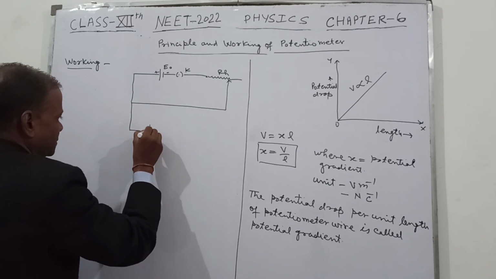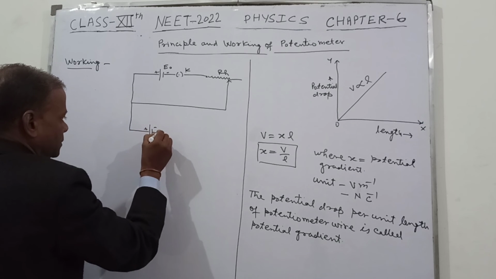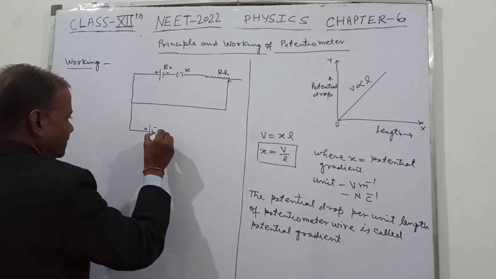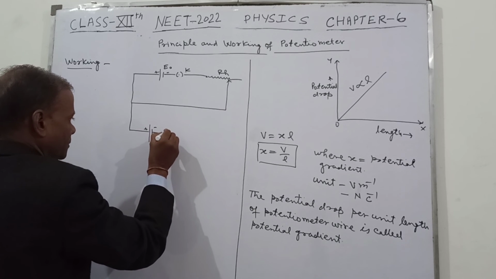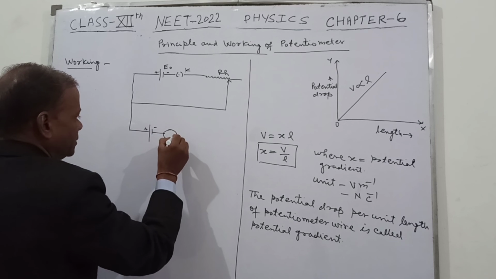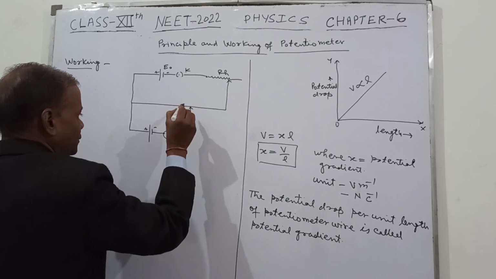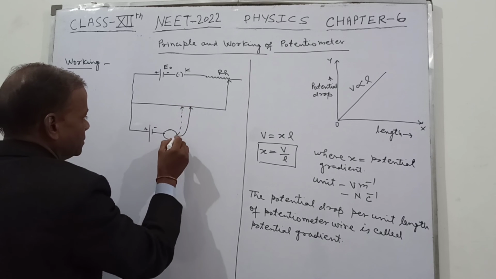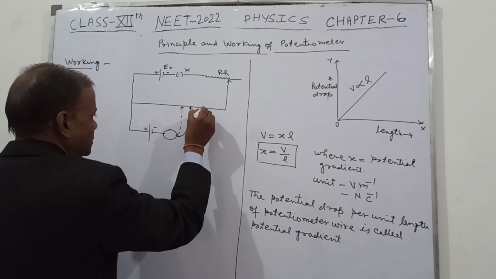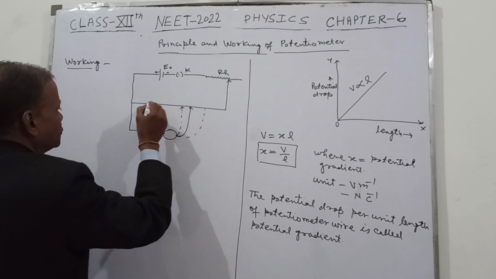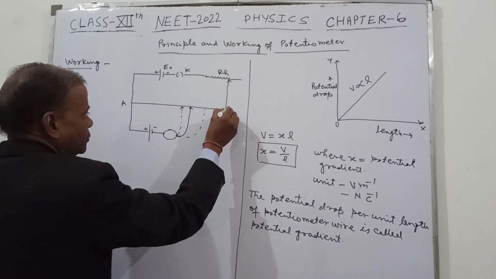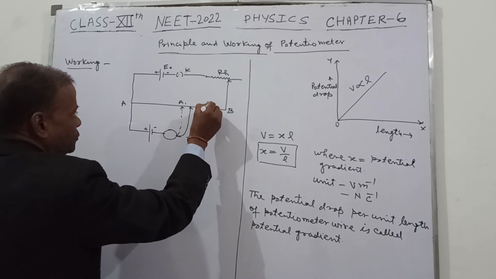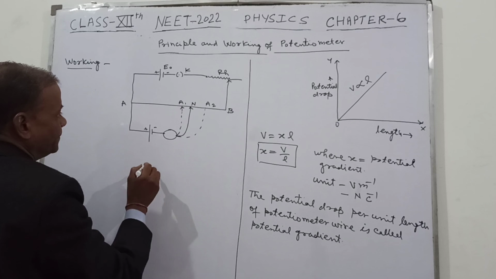This is the galvanometer. That I show you here, and this is also shown to this here, and this is shown to this one. This is suppose A, and this is now B. This is suppose A1, this is A2, this is now N.